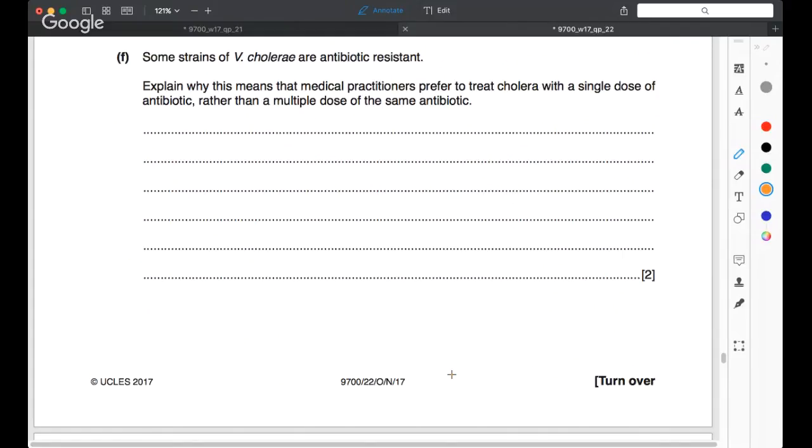And that's better than wiping out some of them with multiple doses, because then you're leaving time for the bacteria to basically divide under natural selection. So it's not that giving less antibiotic increases the chance of mutation, it's more that it gives a selective advantage to those bacteria that have the mutation.